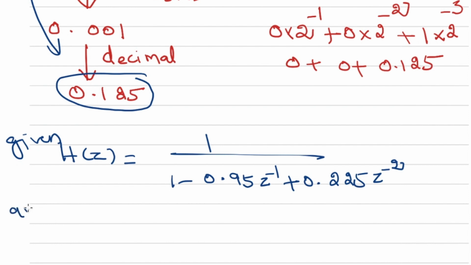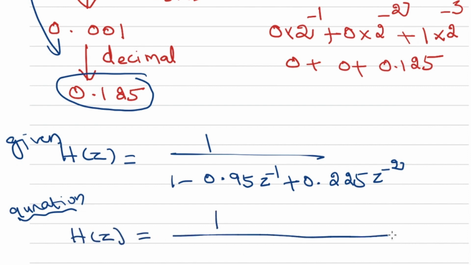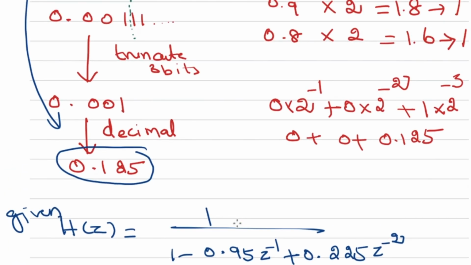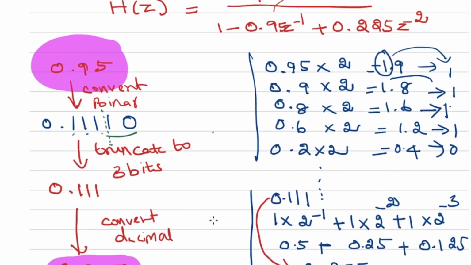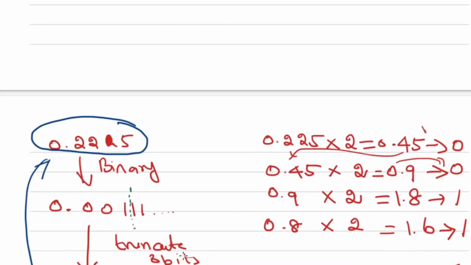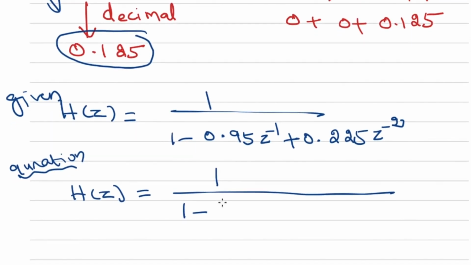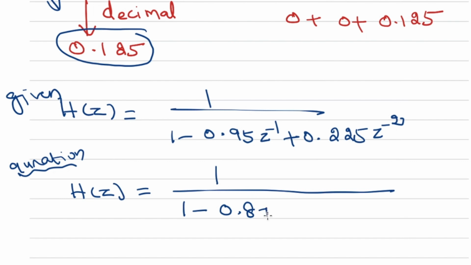After applying the quantization to the coefficients, what do we get? 1 divided by 1 minus, we applied quantization to the coefficient 0.95 and got 0.875, so 0.875 z inverse.